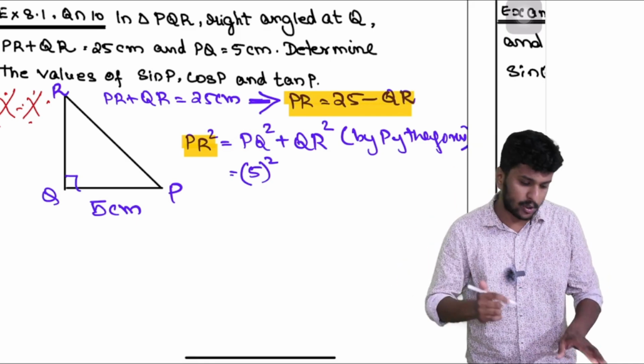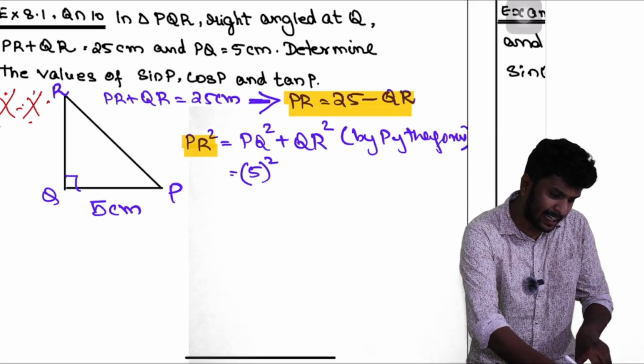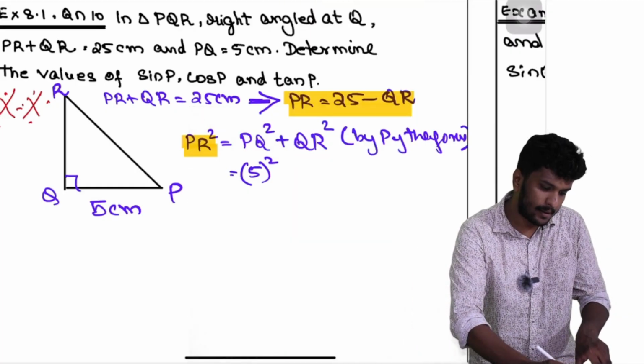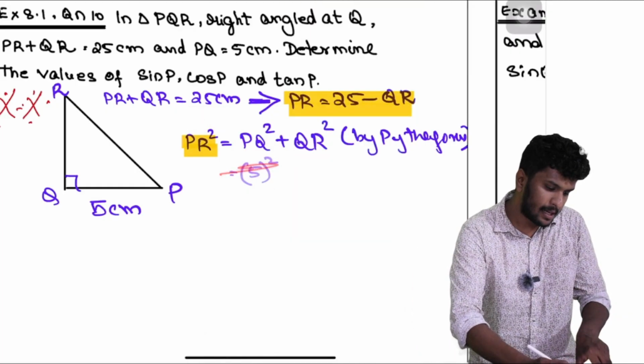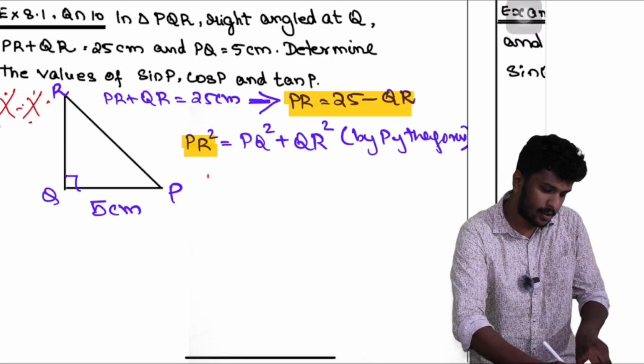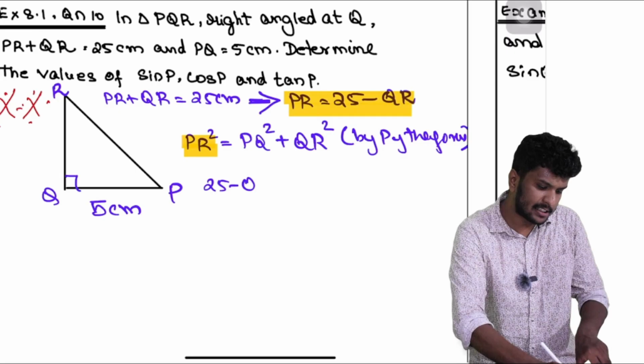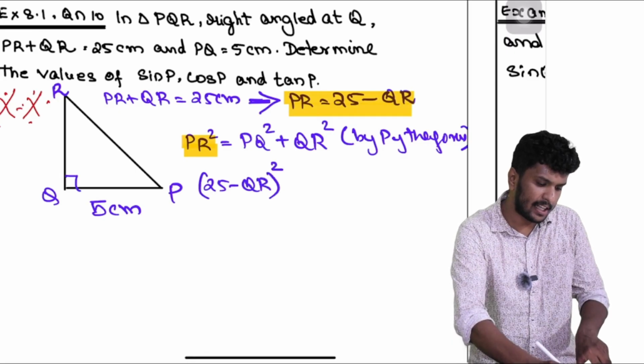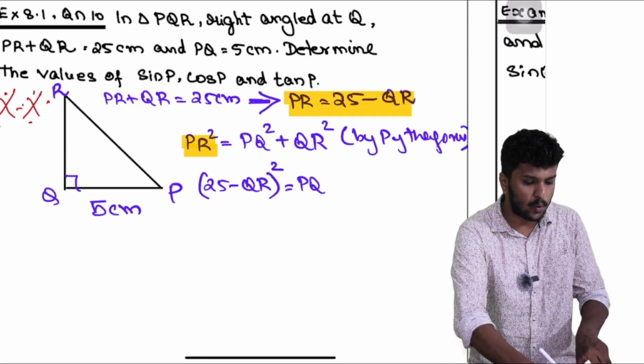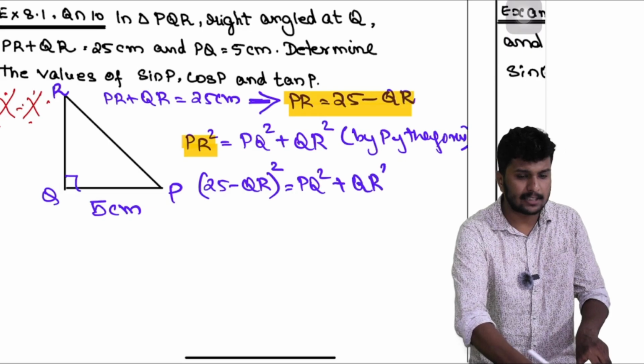A minus B the whole square. So I can rewrite it as 25 minus QR the whole square equal to PQ square plus QR square.